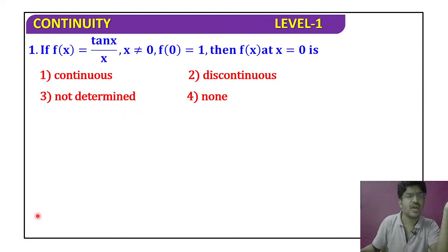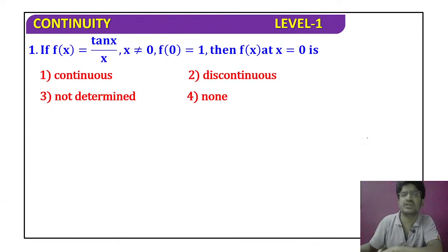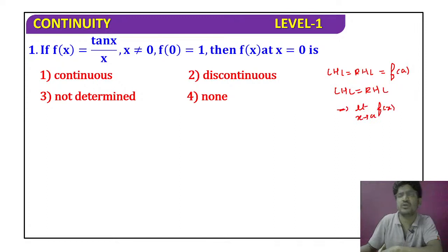Before going to the continuity chapter you must know some basics: the function is going to be continuous if LHL equal to RHL is equal to f of a, and LHL equal to RHL is nothing but the limit x tending to a of f of x. If these conditions are satisfied, we say that the function is continuous.